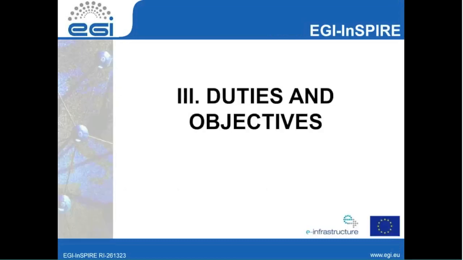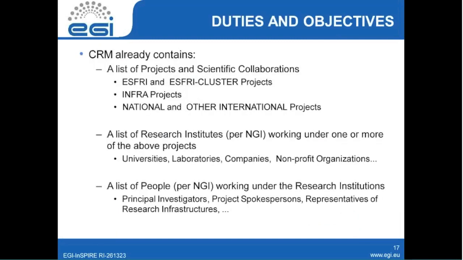Let's talk exactly about what is expected to be done with the system. The CRM already has a lot of information inside. When we set up the system, we collaborated with EGI.eu people in order to first have information in the system, and we already have a wide list of projects and scientific collaborations introduced in the system.